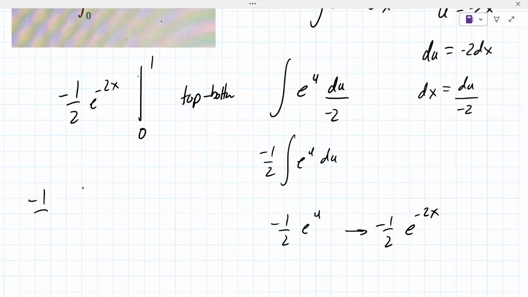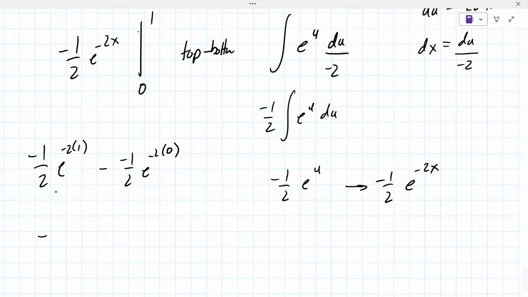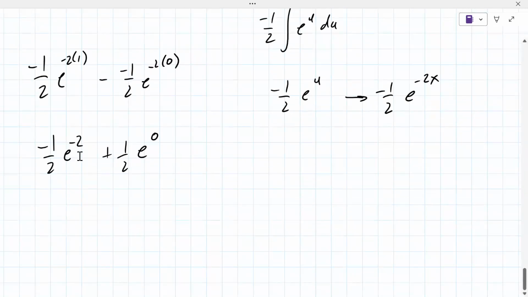So it's minus 1/2 e to the minus 2 times 1 minus 1/2 e to the minus 2 times 0. The first one is minus 1/2 e to the minus 2 plus 1/2 e to the 0. e to the 0 is 1, so it becomes minus 1/2 e to the minus 2 plus 1/2.